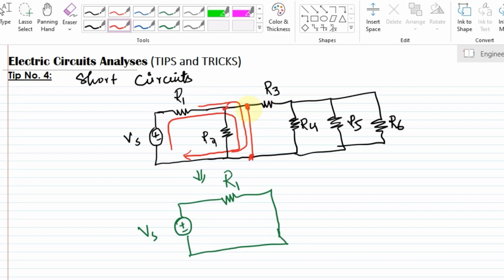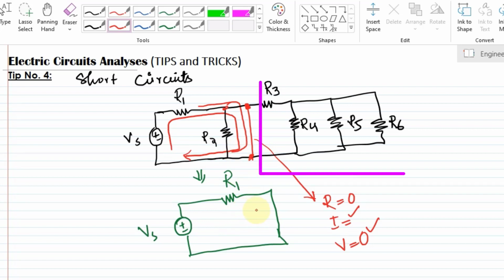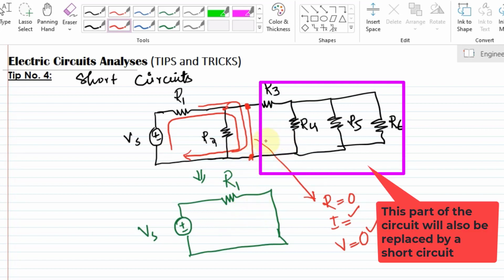As the resistance of a short circuit is 0 in ideal cases, the current will always pass through this short circuit, and therefore the voltage across it will always be 0. So when we short circuit any element here, all the current will flow through this one. So that is the circuit here.